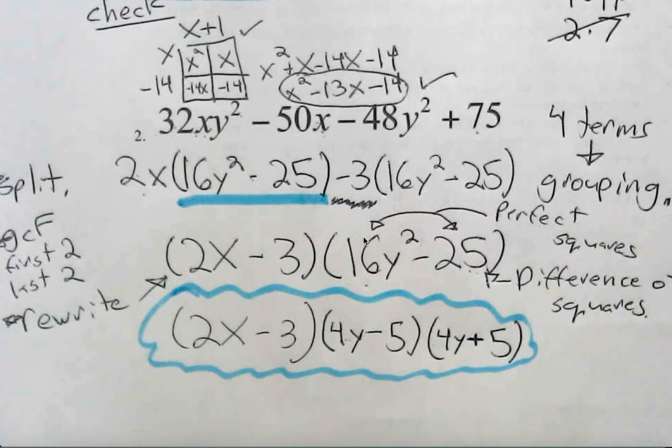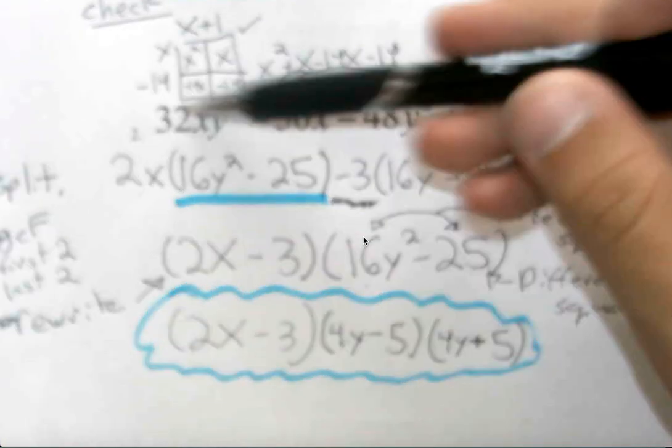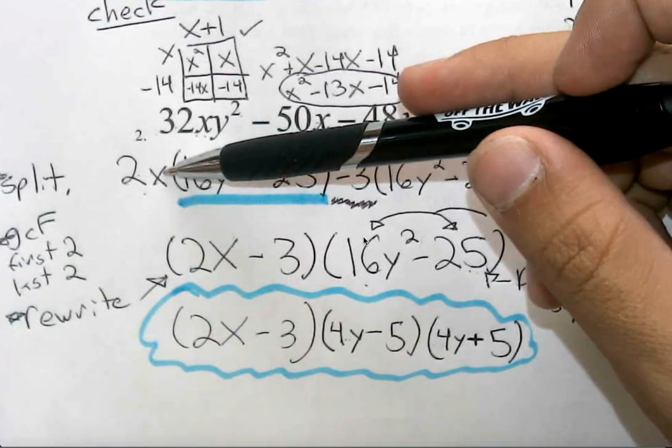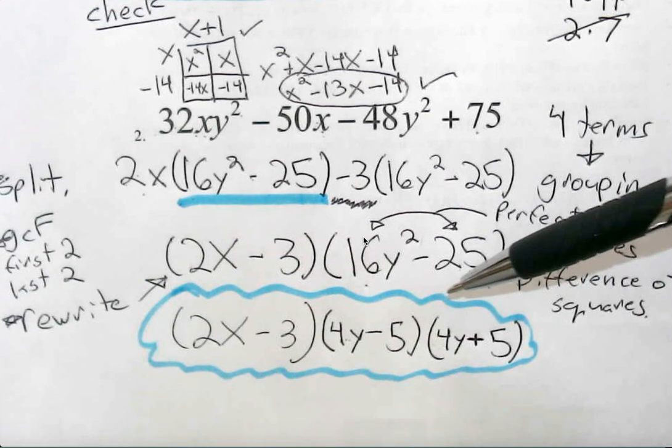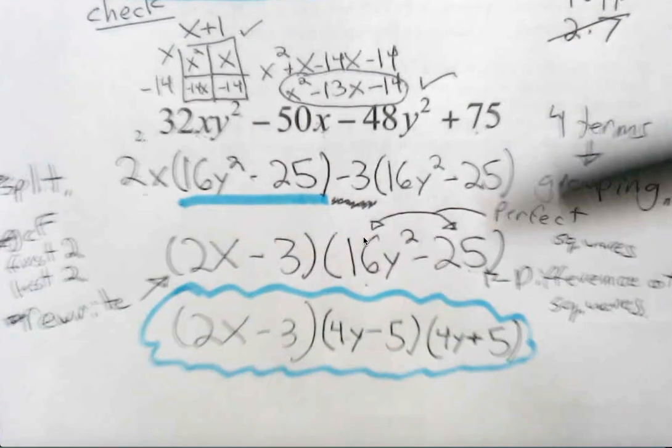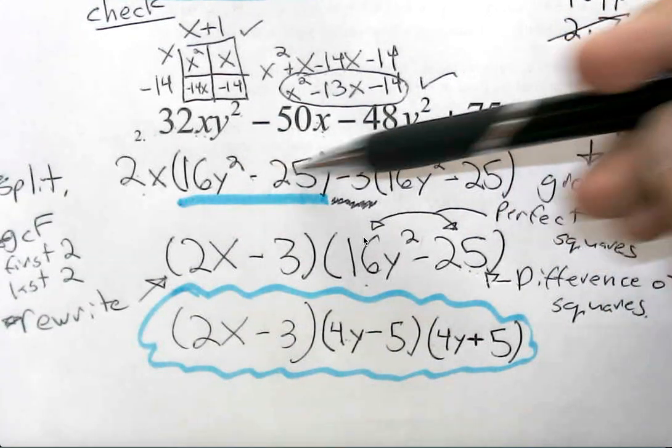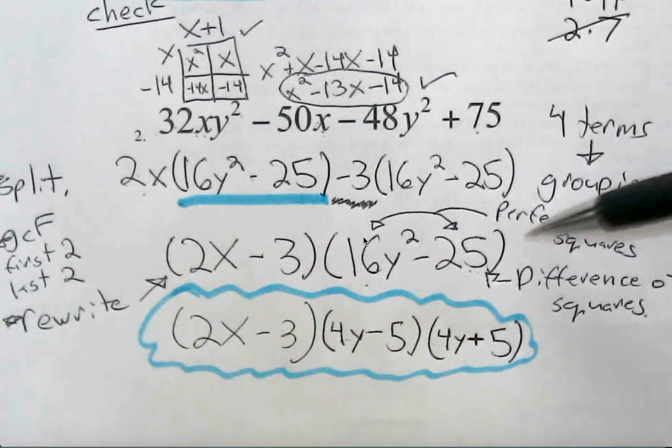So there was a lot going on here. Grouping's tricky. I'll make sure that there's an additional link with practice online if you need that. But we split this problem up. We looked at the first two terms, took out the greatest common factor. We then continue to rewrite them. Notice, although we see 16y squared minus 25 twice, we only write it one time.